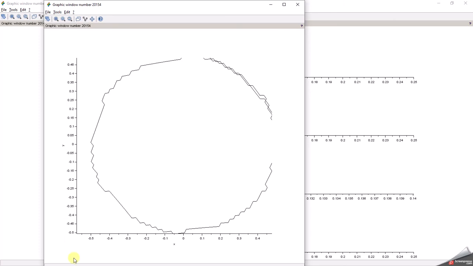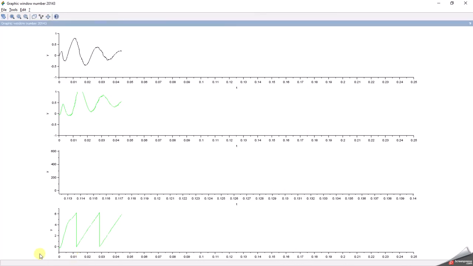If I come over here, this tells me it took 1 revolution for that phase lock loop to lock into the supply frequency. So that's pretty good. But this is not part of the DTC algorithm. This is part of the motor model.